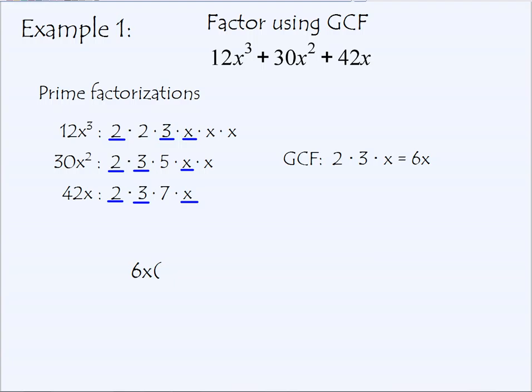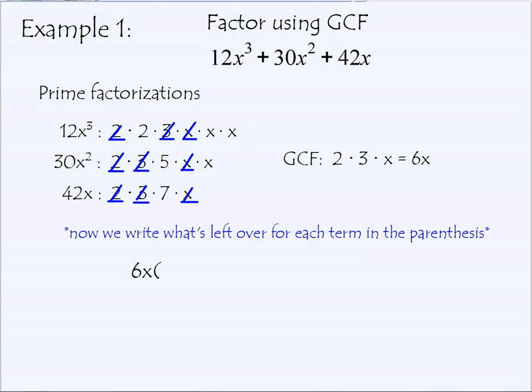So for instance, if I take out the 2, the 3, and the x out of 12x to the third, notice how I'm left with a 2, an x, and an x. If I multiply those together, what do I get? 2 times x gives me 2x squared.